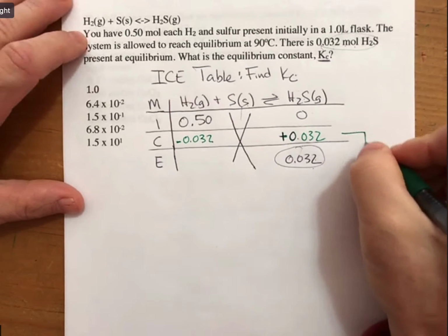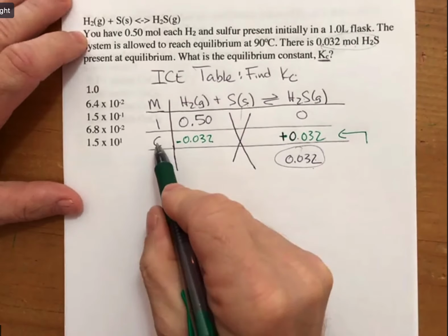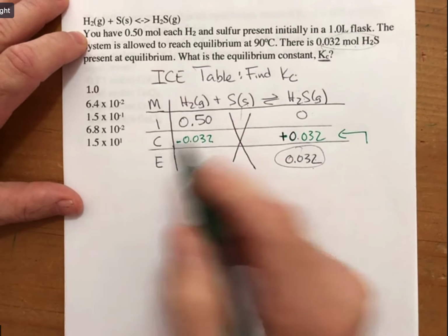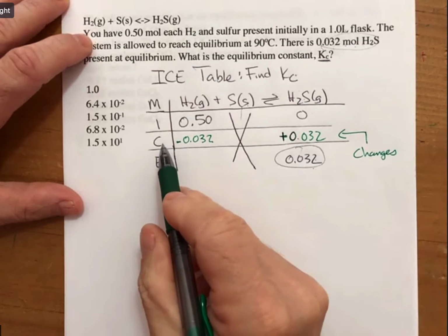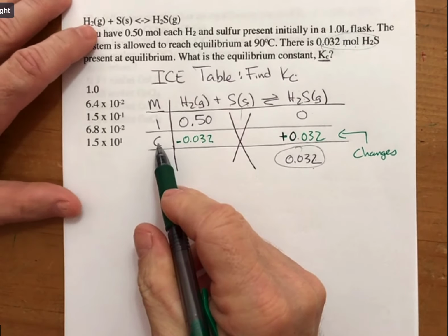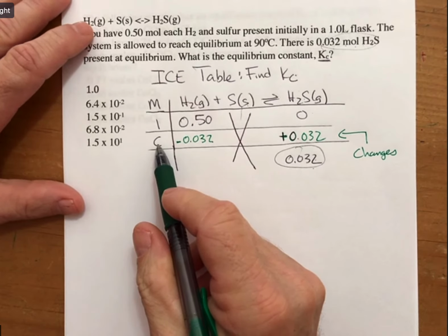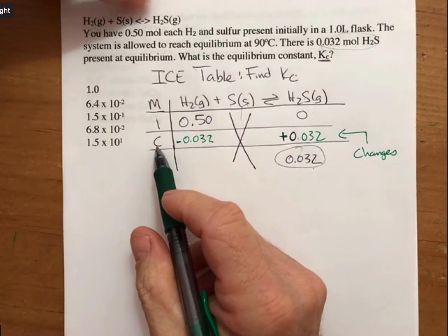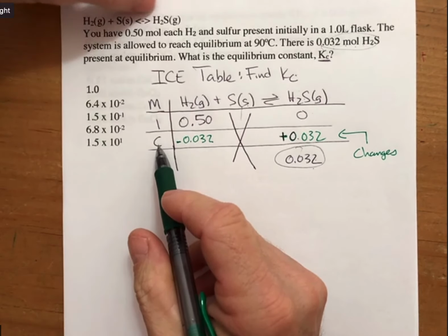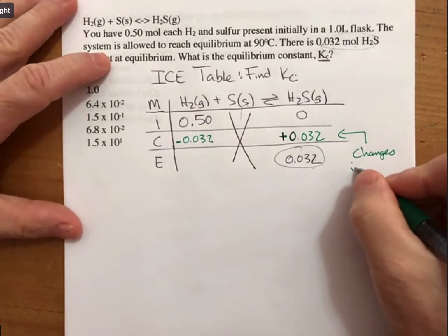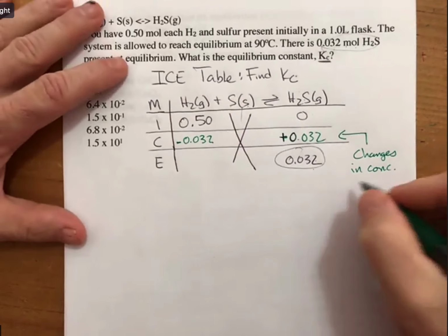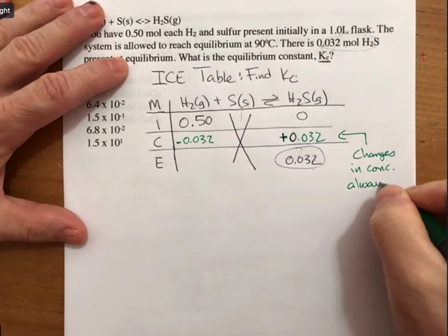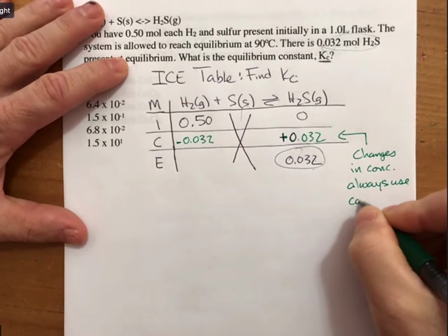And what we'll see is that the changes in molarities, or the changes in concentration in this ice table, always use the coefficients. Changes in concentration always use the coefficients.